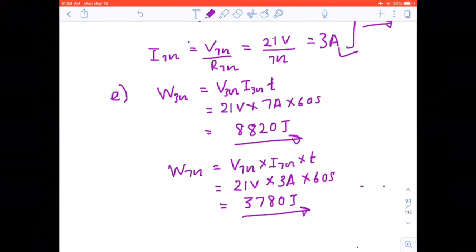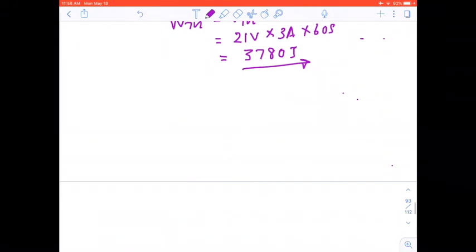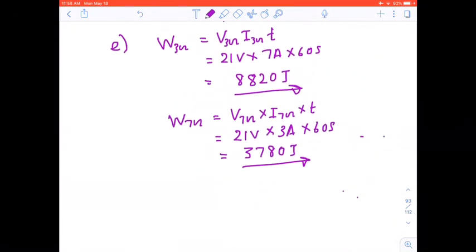So the battery does this work in the respective resistors.